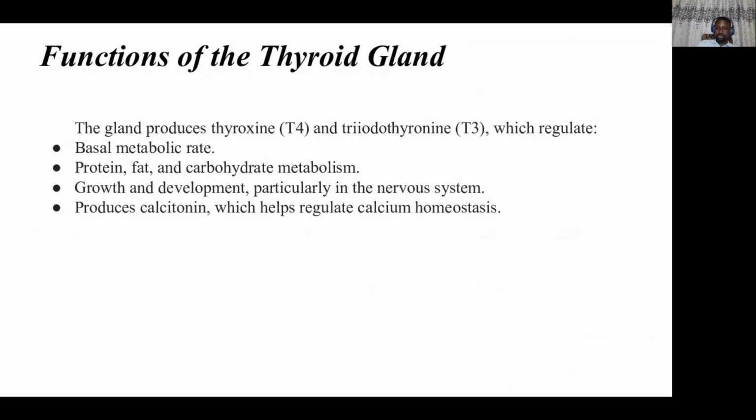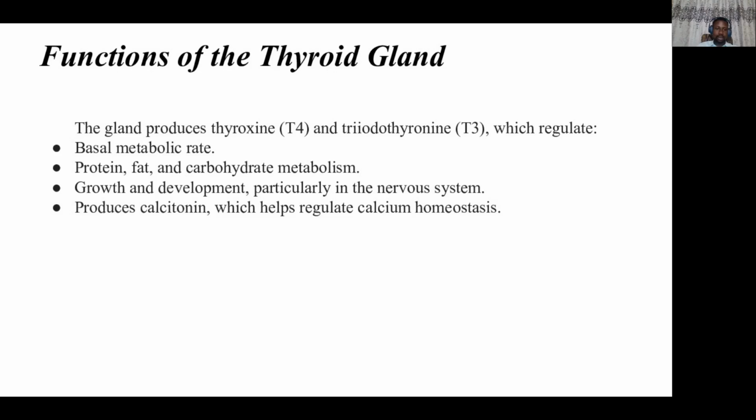The thyroid gland produces thyroxine, that's T4, the most abundant hormone produced by the gland, and also triiodothyronine, that's T3. Both regulate basal metabolic rate, protein, fat, and carbohydrate metabolism, and growth and development, particularly in the nervous system. The thyroid gland also produces calcitonin, which helps in the regulation of calcium homeostasis.